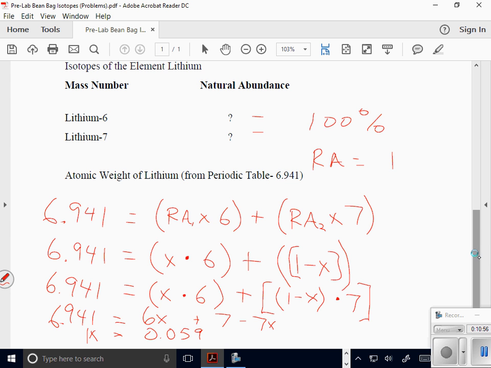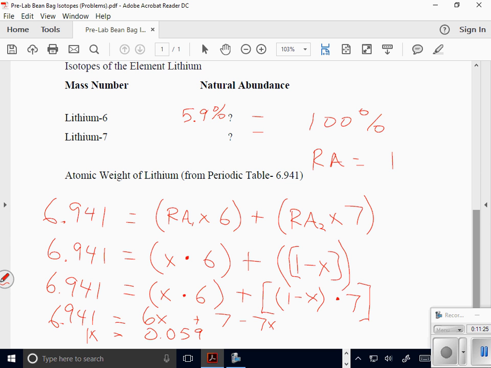I took this 6.941 and I brought it over and subtracted it from 7. That's where I got the 0.059. All right, so I was just doing algebra to work my equation. I wish I had more room, but I didn't. So this is telling me that x is 5.9%.